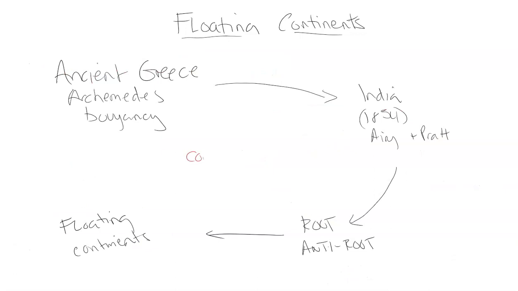So in conclusion, we started off with ancient Greece, Archimedes and buoyancy, the principle of which is that the force of buoyancy equals density, gravity, and the fluid volume. Then we go into India and Airy and Pratt, Airy being the lava and the root, and Pratt being different densities.